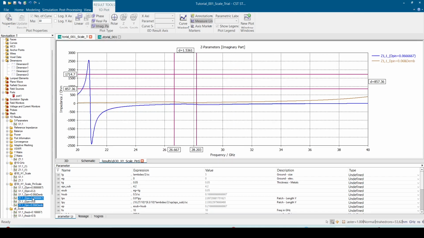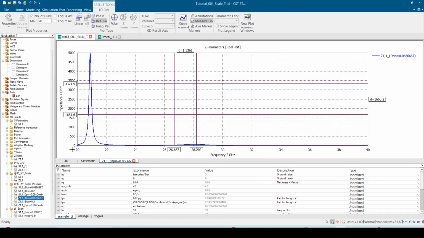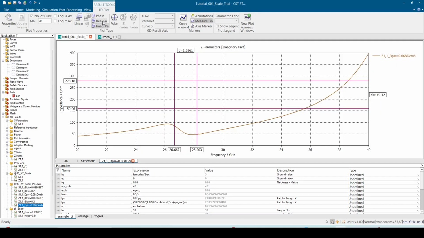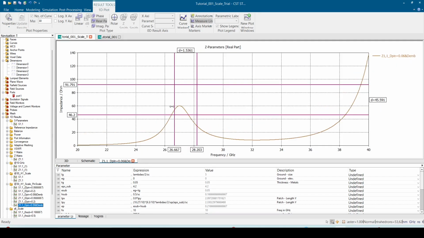So I have the Z input like this, and when I de-embed, it returns to something like this. It goes to the same impedance level, just scaled, and I don't have any spurious mode for the low frequency. So I have just the mode of the patch, and this is the other mode of the other dimension.